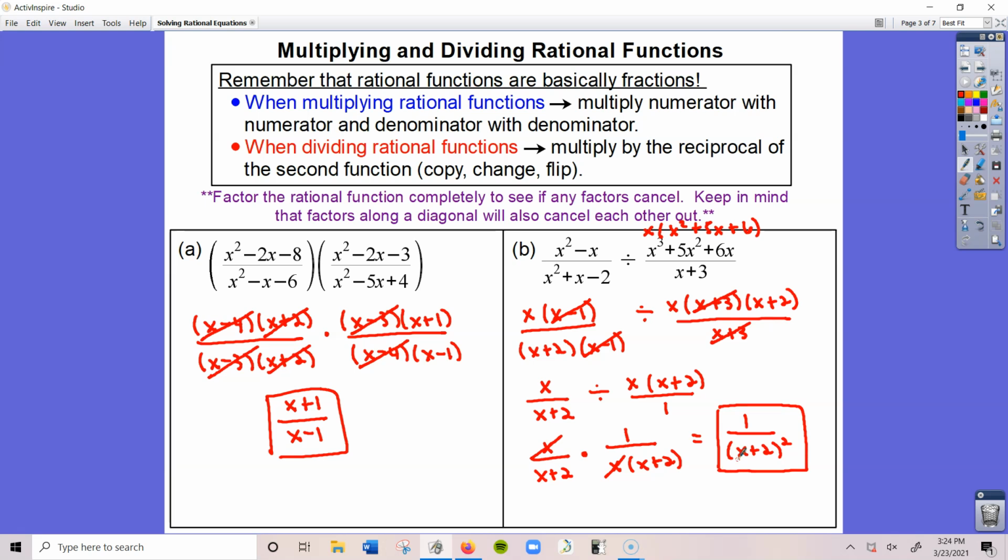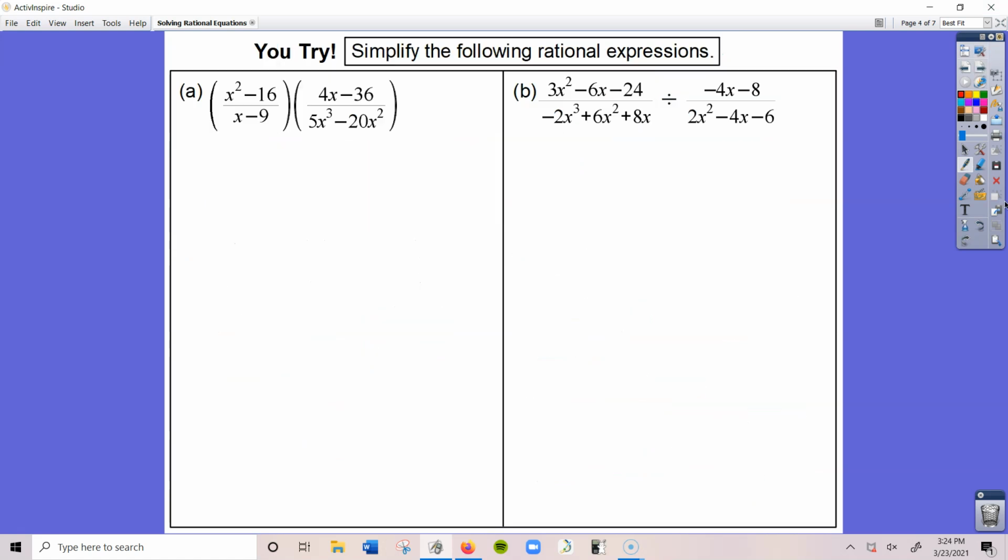Let's try a couple more. So first we start off with multiplication, so we're going to factor everything. So x squared minus 16 is a difference of squares.